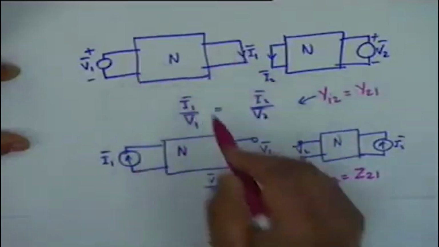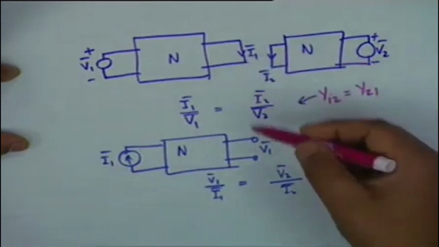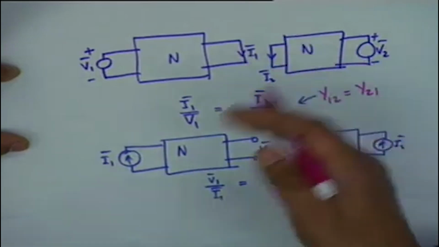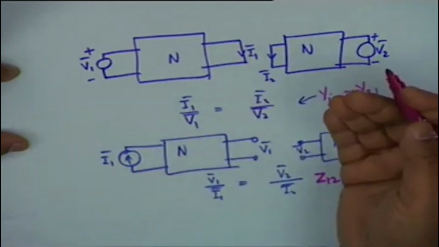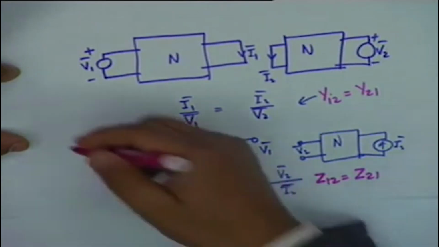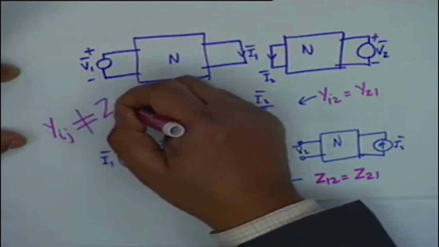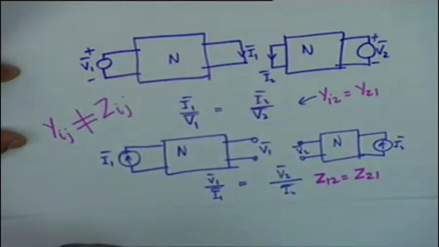What is the reason? The reason is that the conditions here are quite different from the conditions here. There is a short circuit and there is an open circuit. They are dual situations, but the impedance and admittance are not reciprocals of each other. One must remember this, that Yij is not equal to Zij, the transfer impedance.